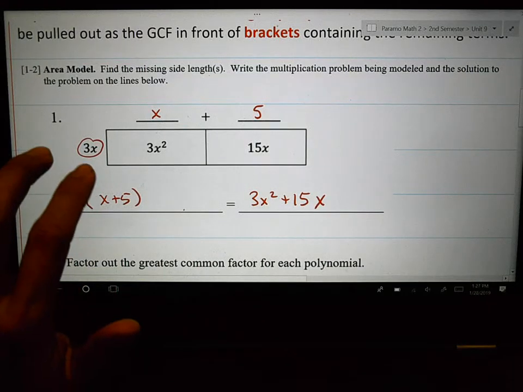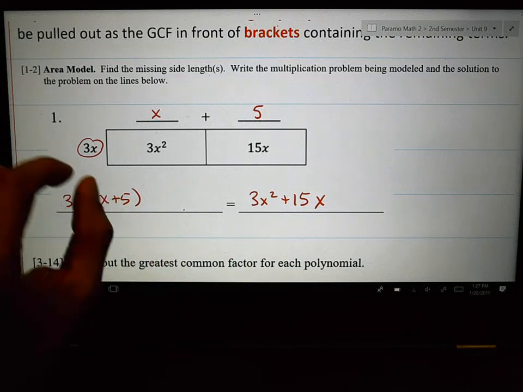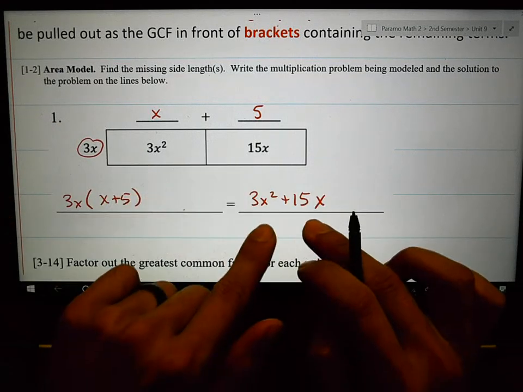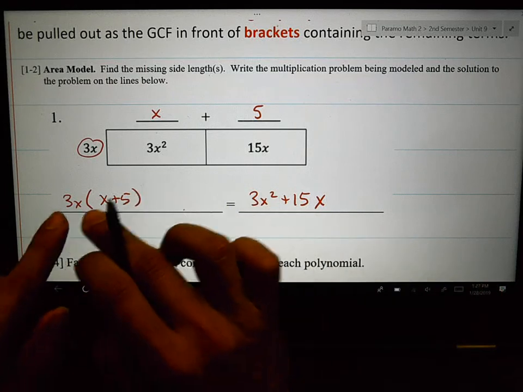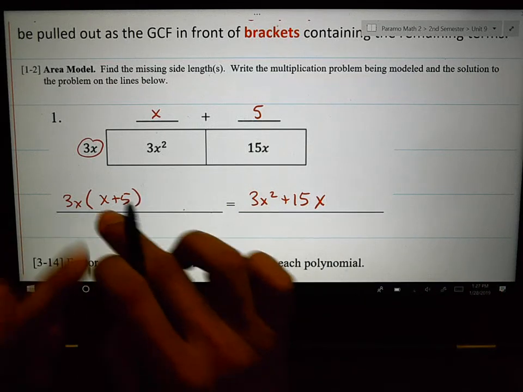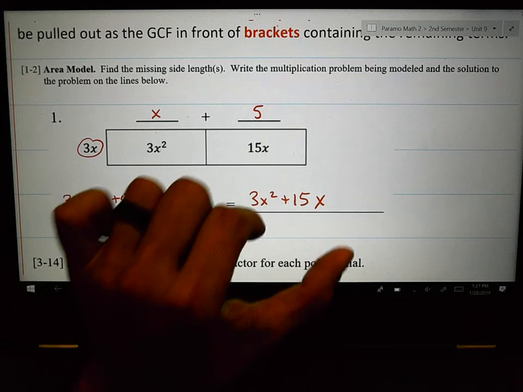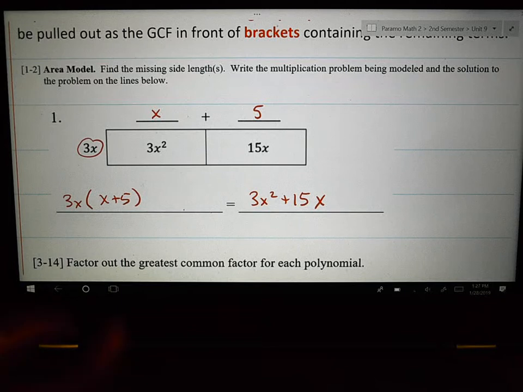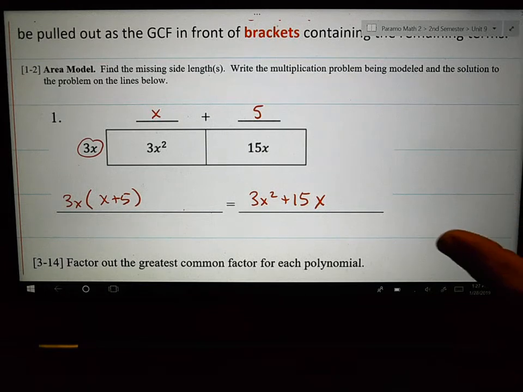What you're essentially doing is you are factoring or breaking apart 3x squared plus 15x into 3x times the quantity of x plus 5. This times this is that. You've turned addition into multiplication by using parentheses. That's how it works. That's factoring.